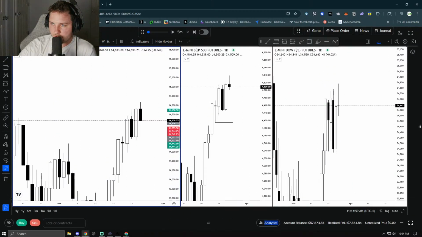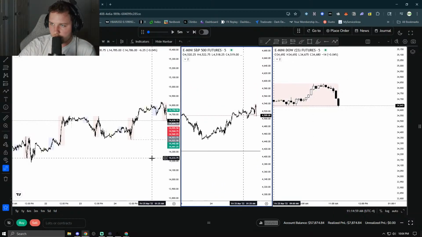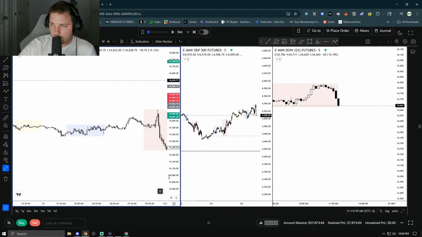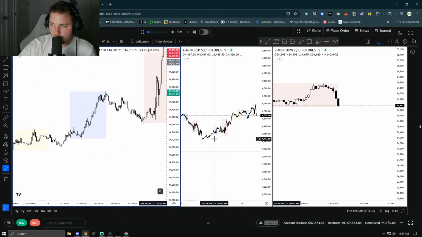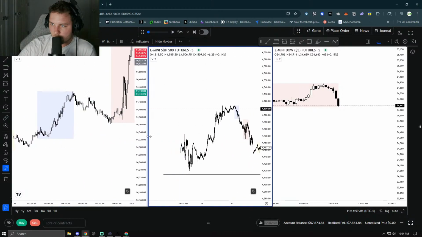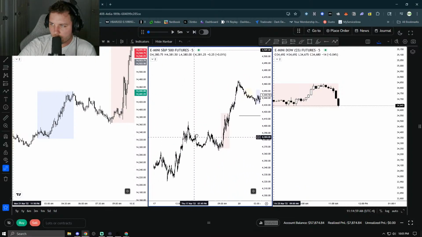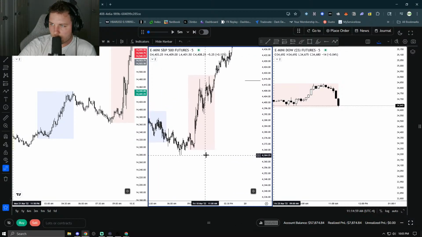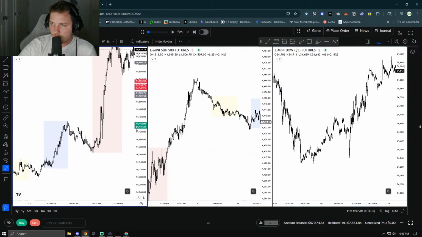Okay, these are all the trades for the week. Is it going to show them all? Hold on, let's see. It's going to be cool if we can do this. Did we just not trade Monday?